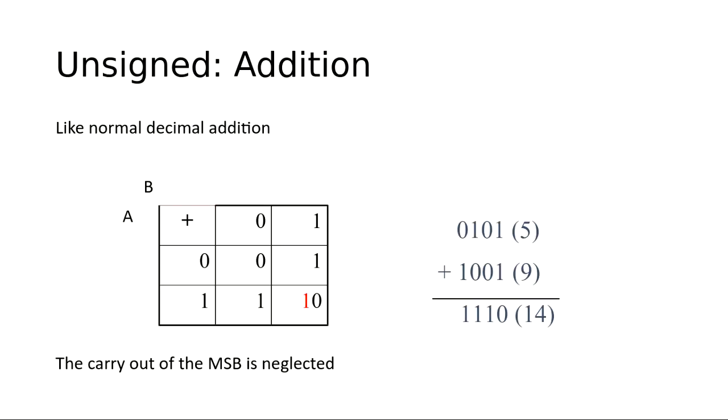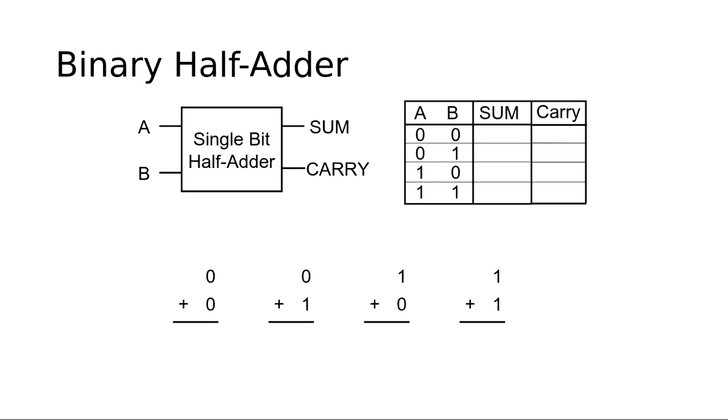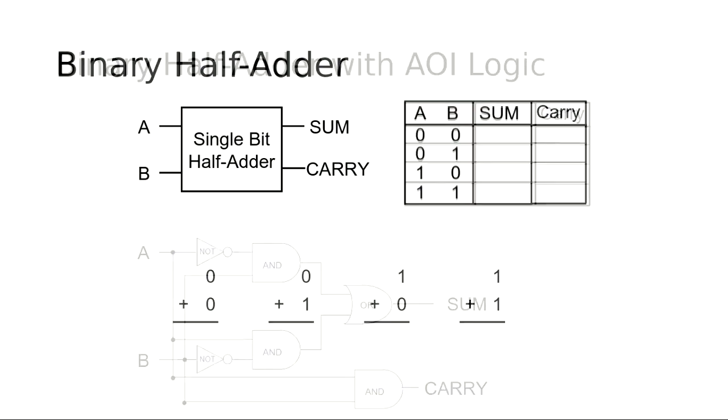So this binary addition, which we can do manually, how can we do it using logic gates? If we want a combinational logic gate circuit to perform this addition function for us, how will it happen? That is called a binary half adder combinational circuit, which we will see here.